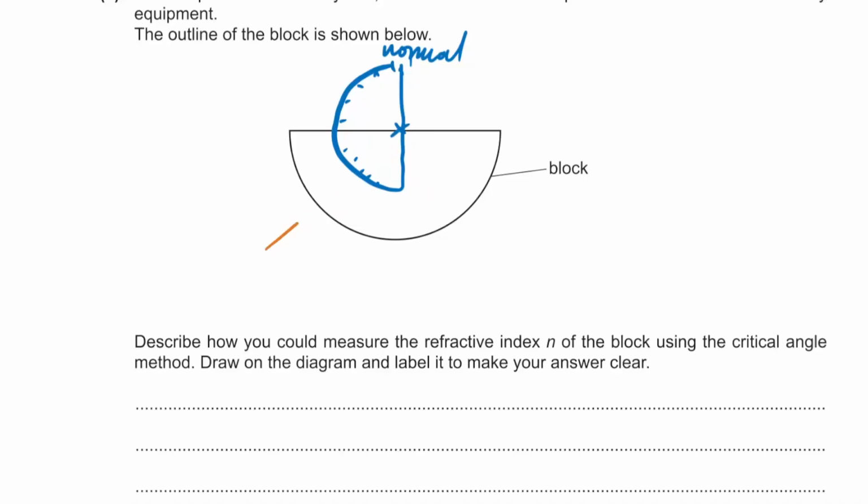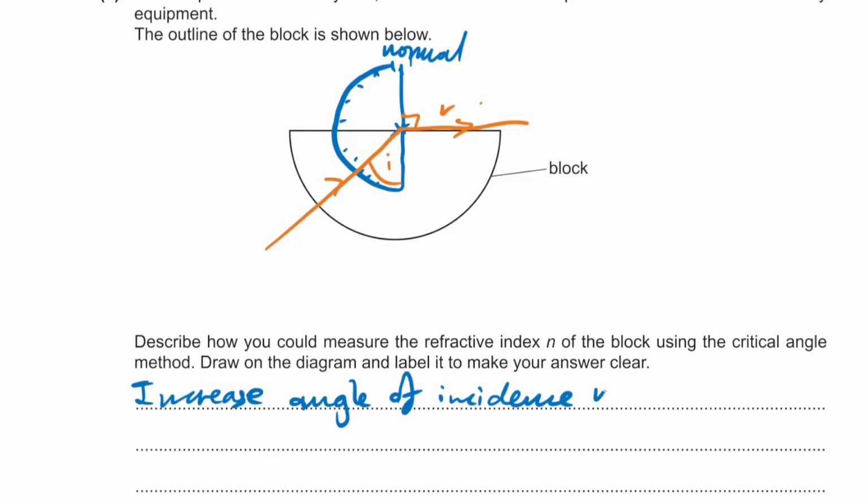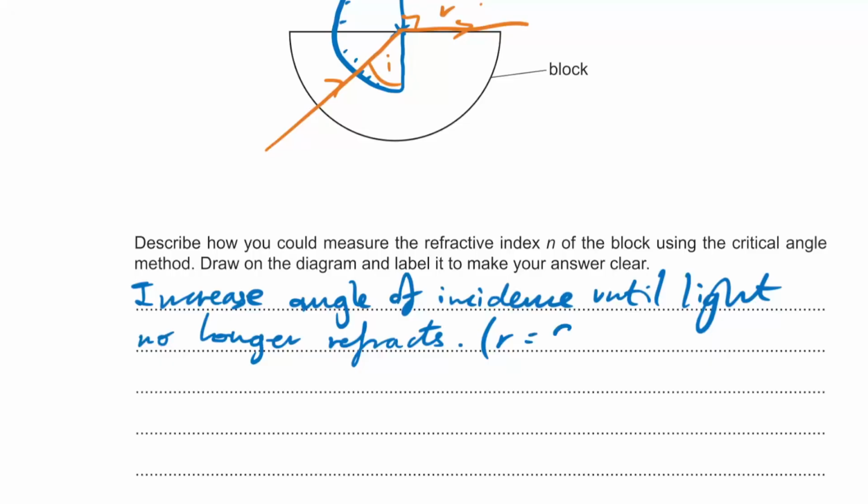What we want to do is increase the angle of incidence, that's our i, until the light ray is no longer visible and we have an angle of refraction of 90 degrees. So increase the angle of incidence until light no longer refracts. We can say r equals 90 degrees and i equals the critical angle.